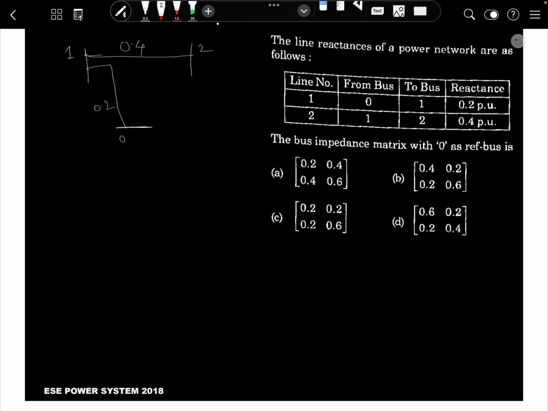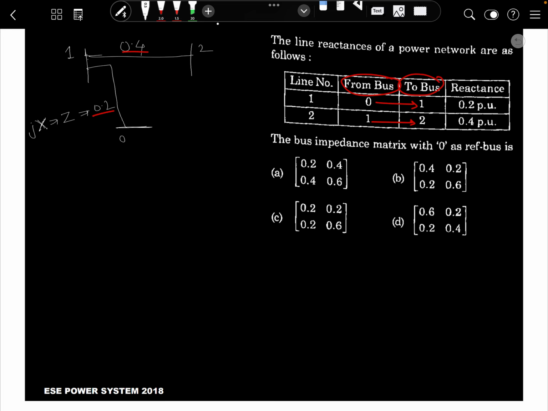This is mentioned from bus to bus. It's a reactance, in short Z, impedance, meaning jX.